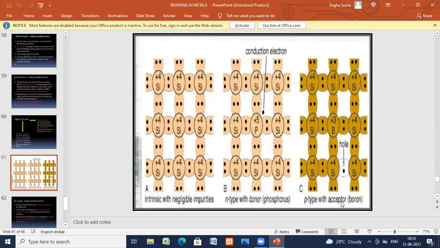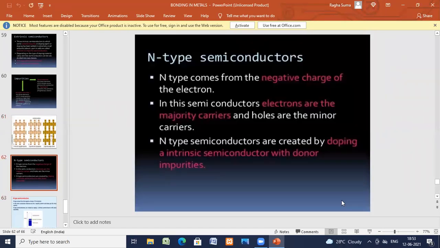Now, when a pentavalent element is getting involved in the covalent bonding, what is happening here? N-type comes from the negative charge of the electron. In this semiconductor, electrons are the majority carriers and holes are the minority carriers. N-type semiconductors are created by doping an intrinsic semiconductor with donor impurities.